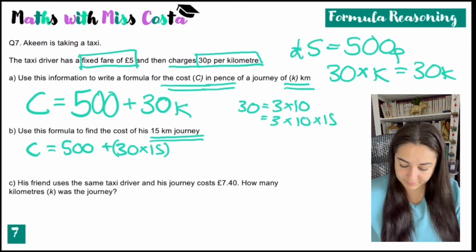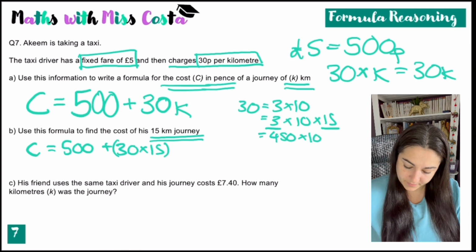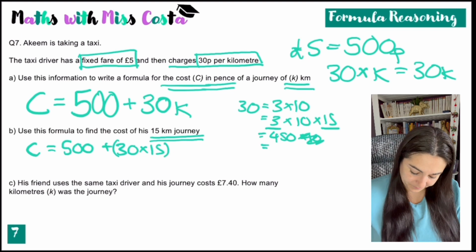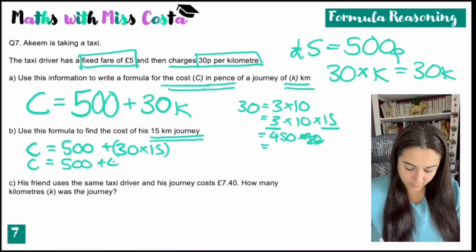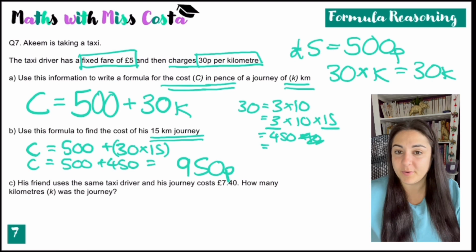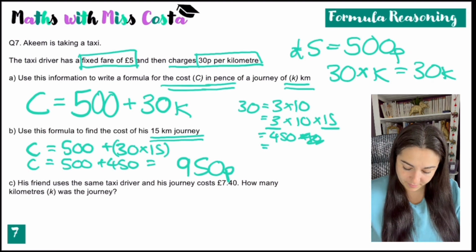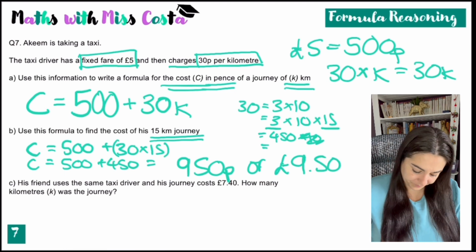I could do 3 times 15, which is 45, and then times that by 10, and that gives you 450. So C would be 500 plus 450, which is 950 pence. They haven't specified whether to leave it in pence or pounds, so 950 pence or £9.50 would be absolutely fine.